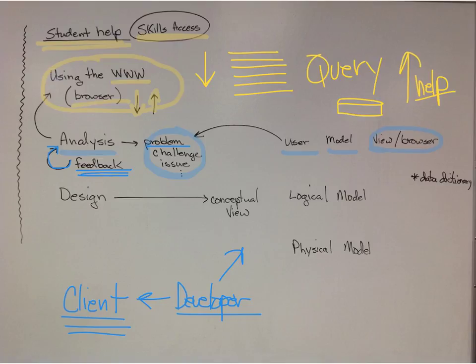The key is not designing something that doesn't match the needs of the client. Big deal. It's like building a house and not asking somebody how many bedrooms they want or where they want the bathrooms or the kitchen.